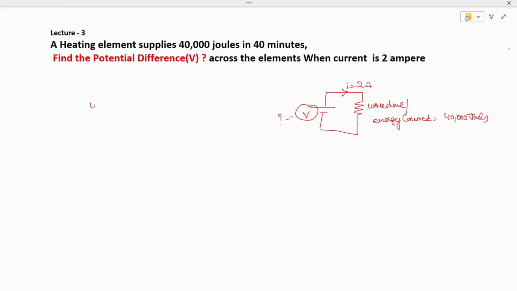The amount of work done or the energy consumed is given by the formula W is equal to 40,000 joules, and the time taken is 40 minutes, which we need to convert into seconds.